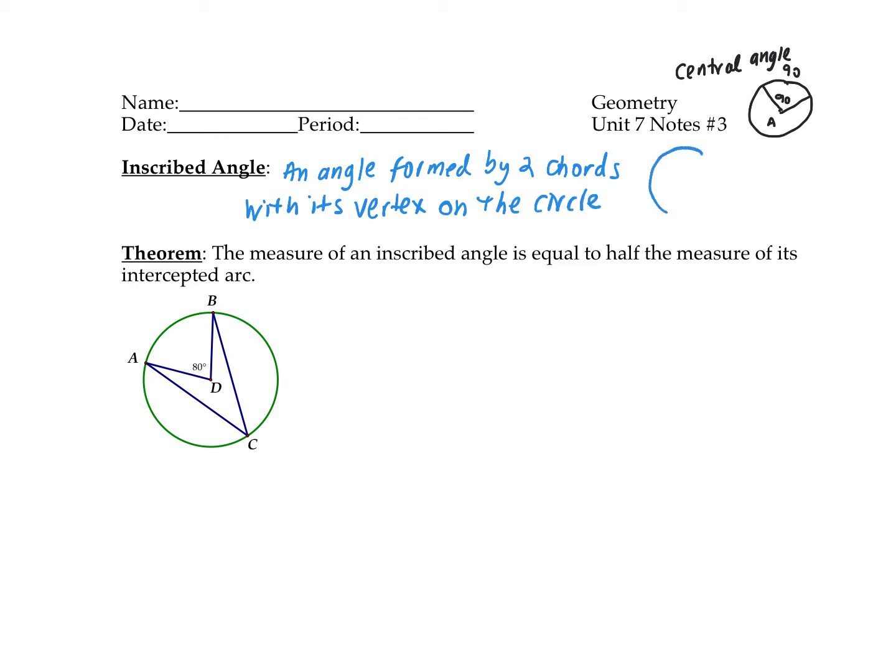Let's take a look at a circle, and draw in two chords: a chord from point A to point B, and then a chord from point B to point C. The angle that connects A to B and C to B is referred to as an inscribed angle.